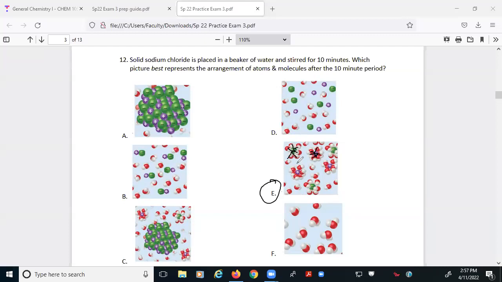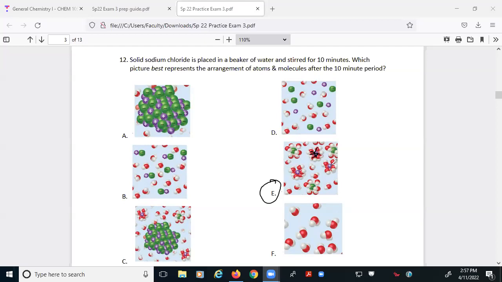We can see they're oriented very precisely. The negative ion is attracting the positive side of the water molecule. The positive ion is attracting the negative side of the water molecule.